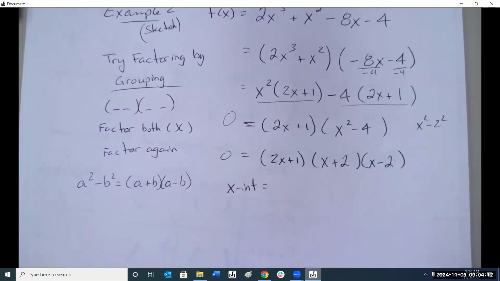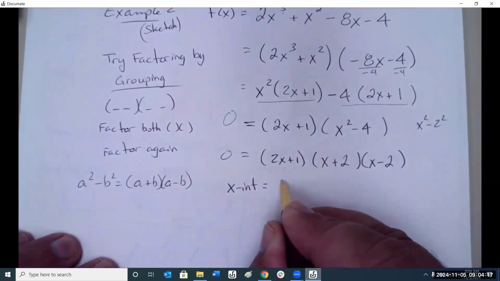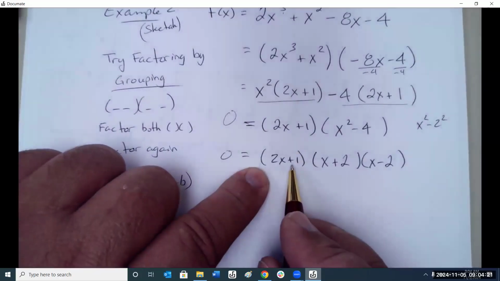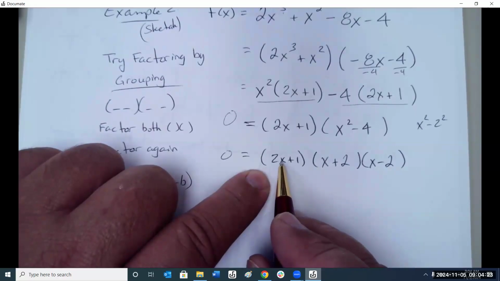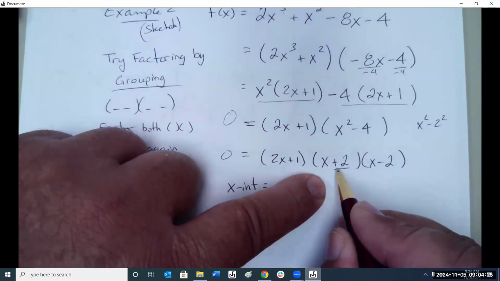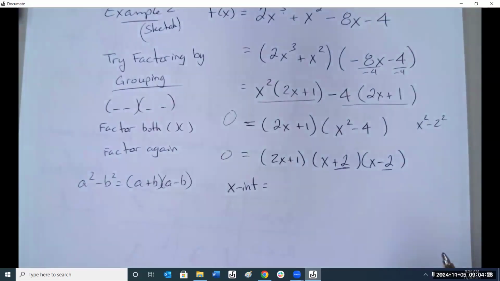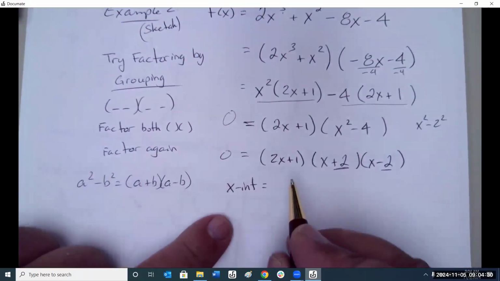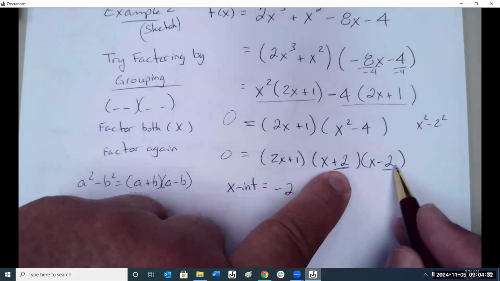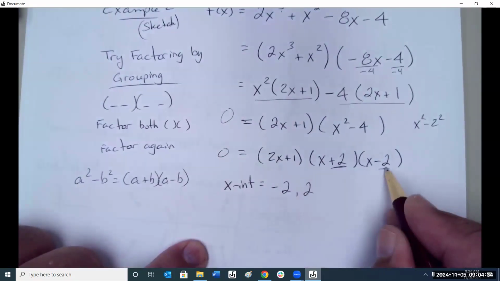Take each of these and set them equal to 0. The shortcut for this one, whenever you have a coefficient in front of x, remember we did with the circles, it's always the opposite of what's inside there. So this one is going to give us -2. This one's going to give us +2.